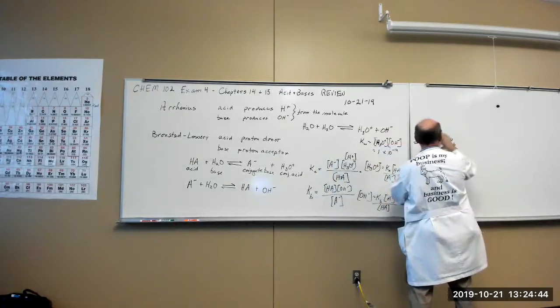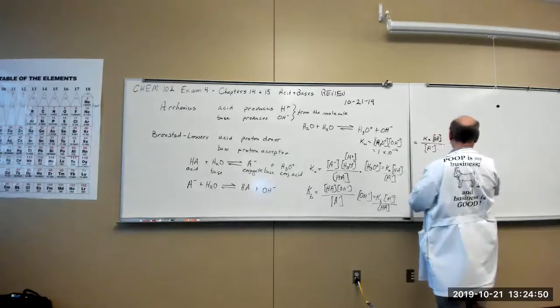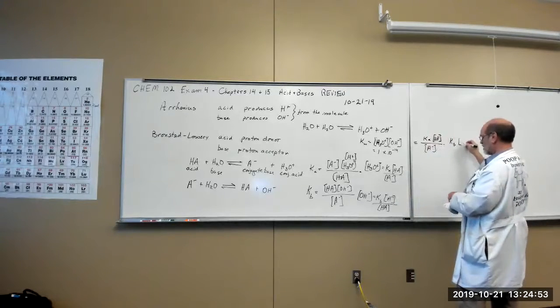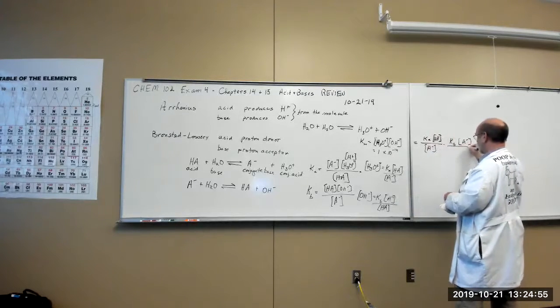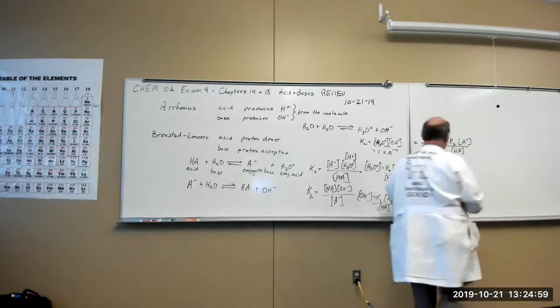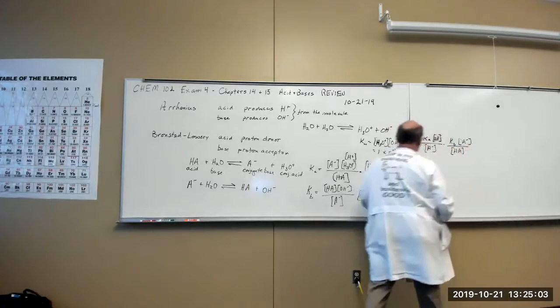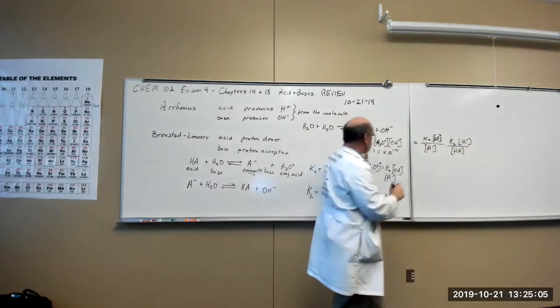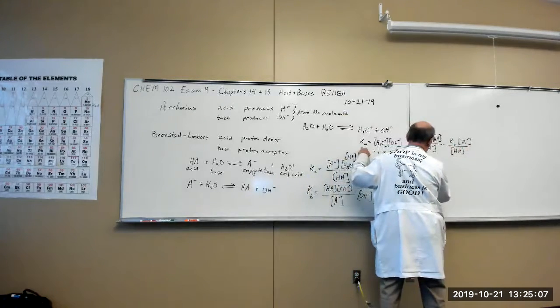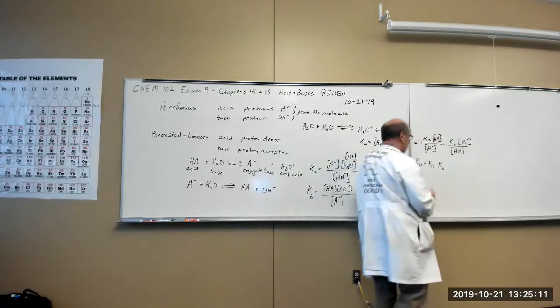Let's do this over again. Kb times Ka, with A minus over HA. Then notice that these cancel, those cancel, and Kw equals Ka times Kb.